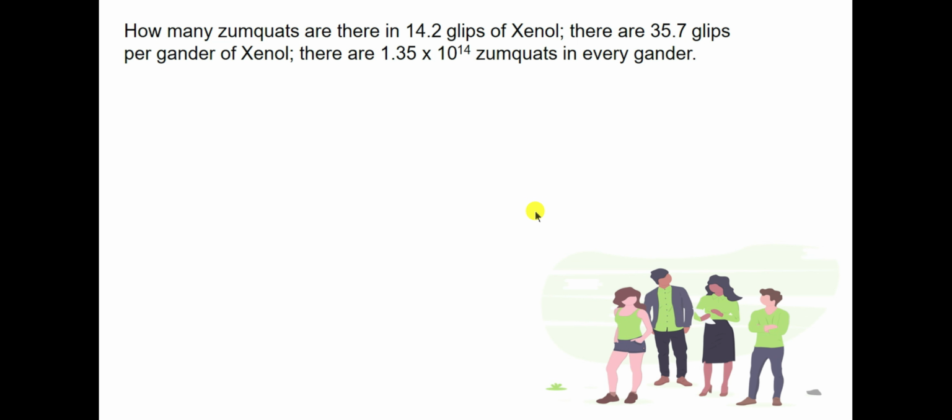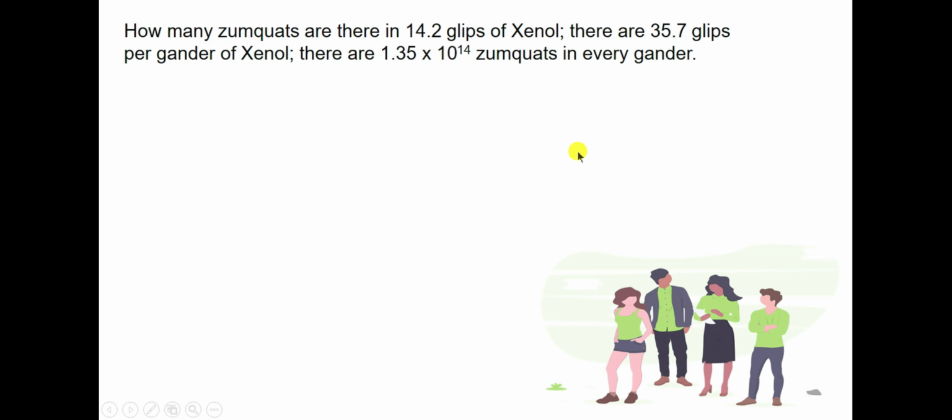How many kumquats are there in 14.2 glips of xenol? There are 35.7 glips per gander of xenol. There are 1.35 times 10 to the 14 kumquats in every gander. Again, which number is my actual starting measurement? Which numbers in here are given to me as conversion information? I intentionally created this problem with things that make no sense, because sometimes we can use dimensional analysis as a strategy when I'm a little bit unclear on what these things are.